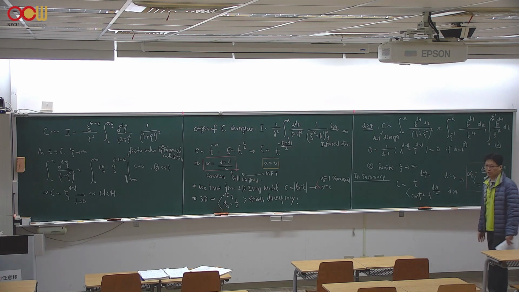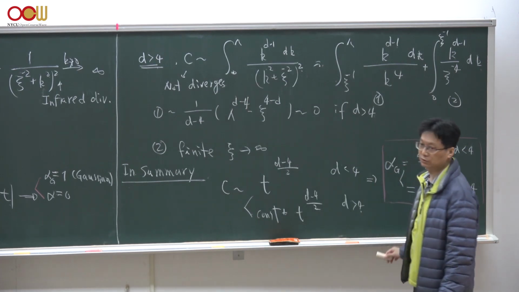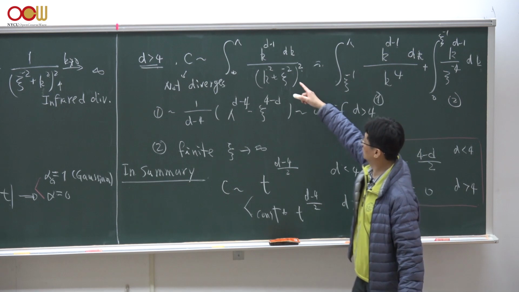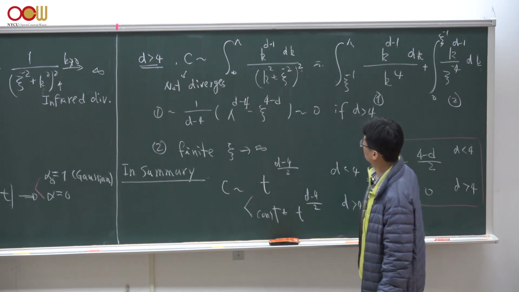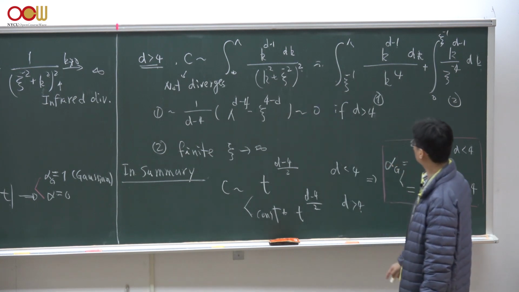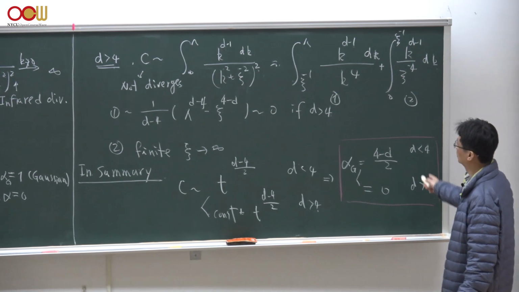And what about the dimension above 4? To see this, we should go back to the original form without the rescaling. The original form of the specific heat C dominated by this integral A goes like this. Again, we could do the power counting by separating this integral into two parts.